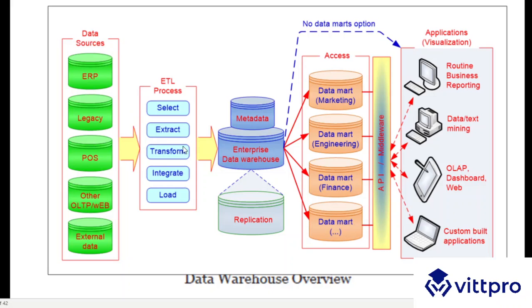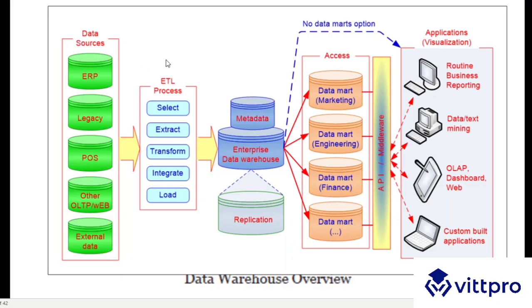So you have to transform them into one, integrate the data from all the different systems into one, and then load it into the enterprise data warehouse. And then there is a term called metadata, meaning data about the data, which describes the information in greater detail, which we will learn later on.